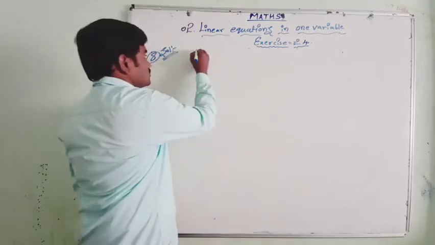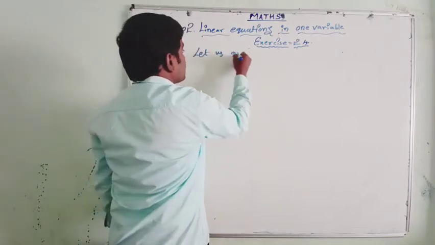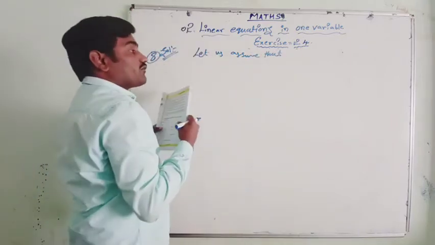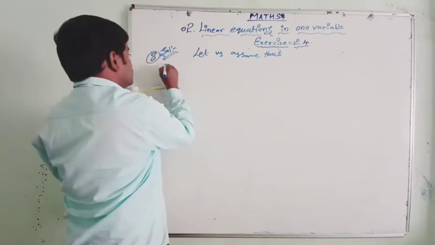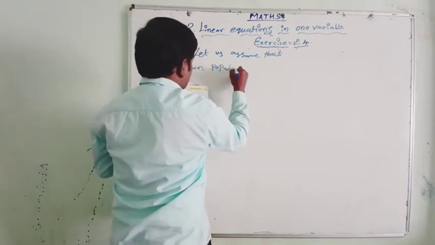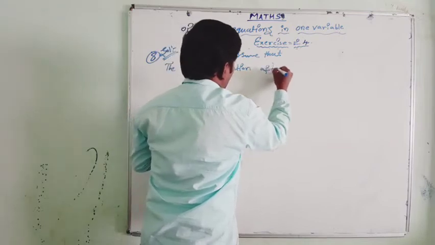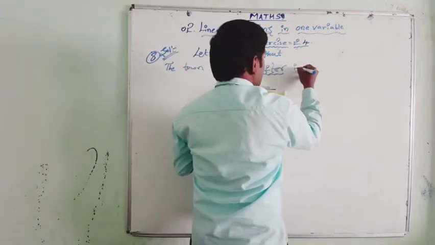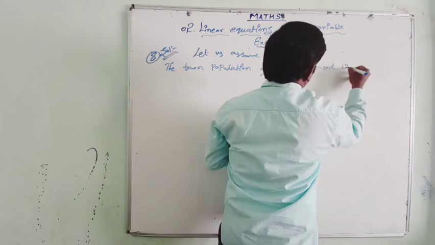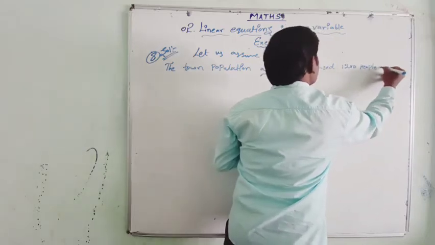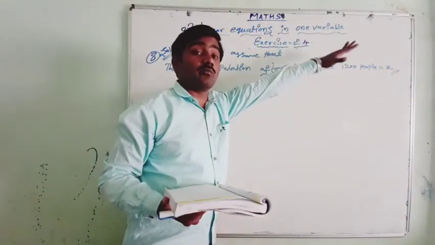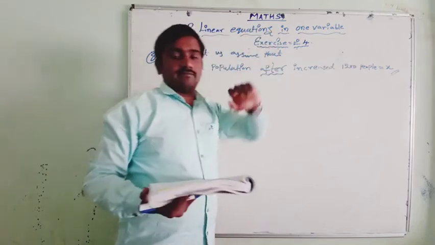We don't know the original population, so let us assume that the town population after increasing by 1200 people is x.